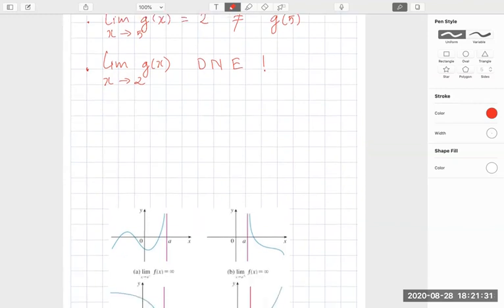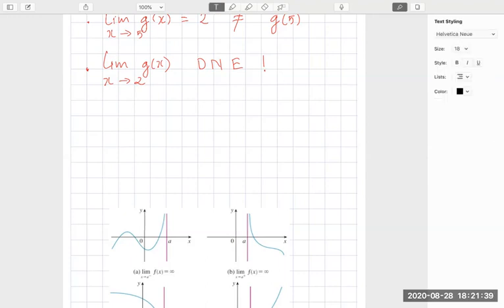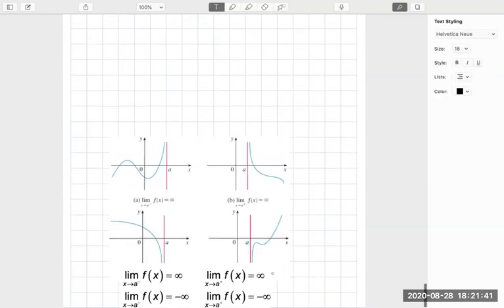Now, let us take a look at these examples.